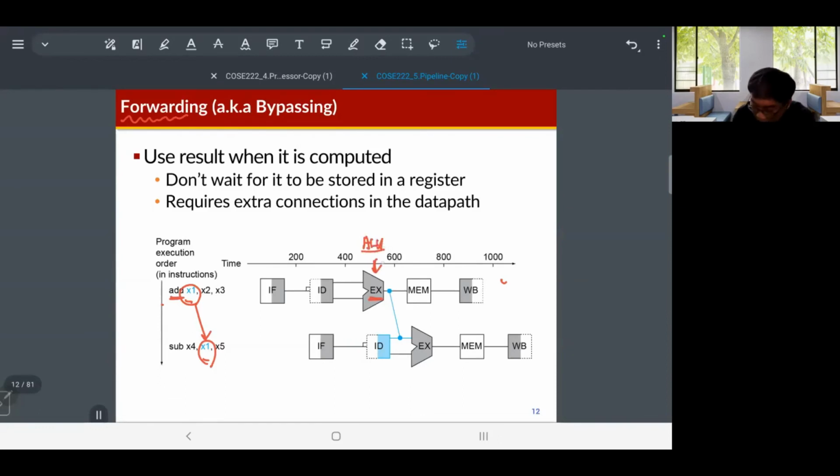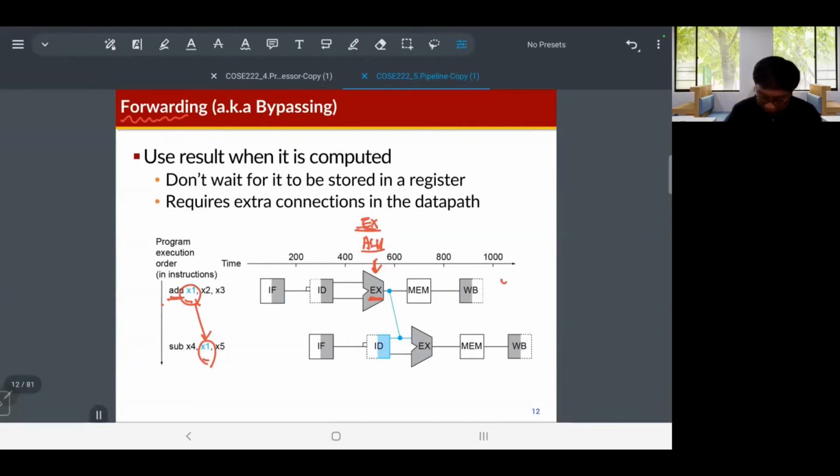Okay. So even though this result is written back to the register file in the write back stage, the processor already has the result of this add instruction after the EX stage. Right.